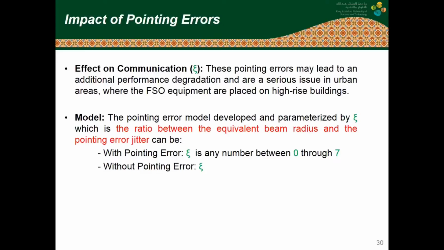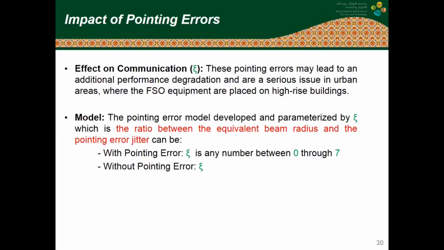Now, we have worked on this problem for many years. We characterize this misalignment via what we call the Xi parameter. The Xi parameter is the ratio between the equivalent beam radius and the pointing error jitter. So we assume that we have vibrations. These vibrations are modeled as a random variable, and that's what we call the jitter.